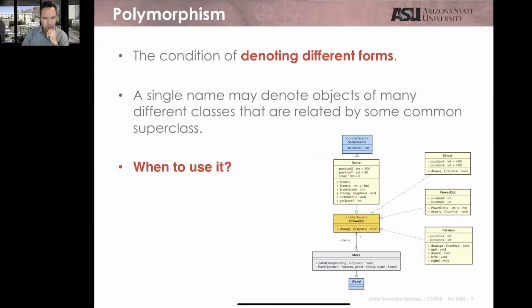Now, we need to answer that question. The first answer for that question is, which one is the most important relationship in object-oriented?